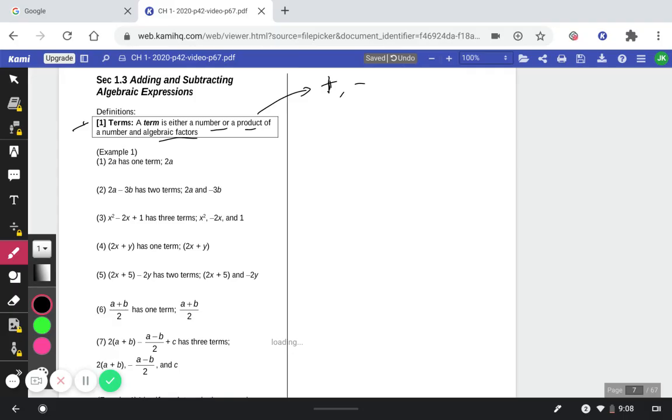So when you have 2a, or 2 times a, that is one term. Addition and subtraction operators separate the terms, not multiplication or division. So 2a, or 2 times a, is one term.